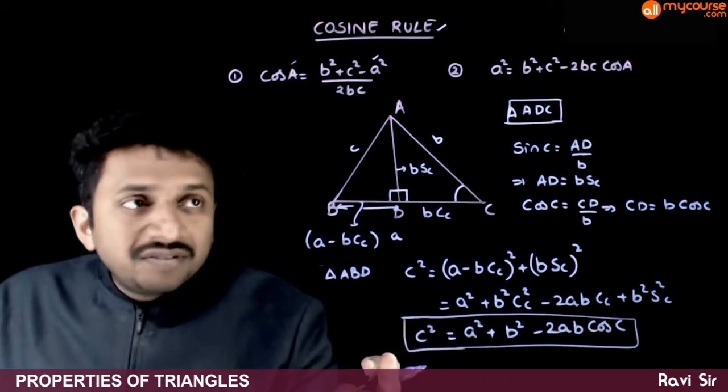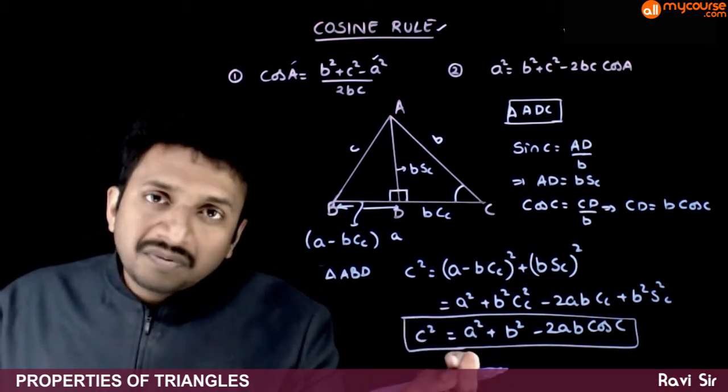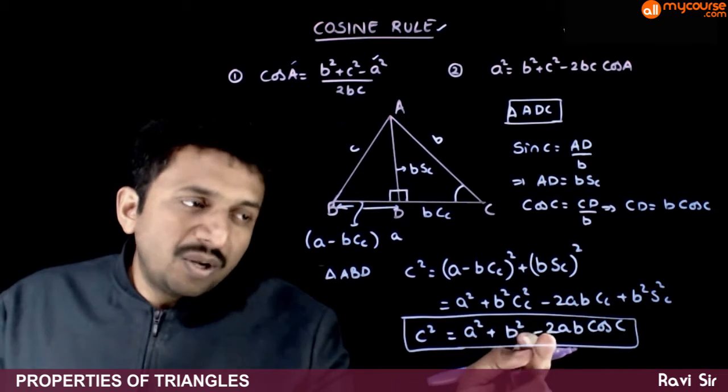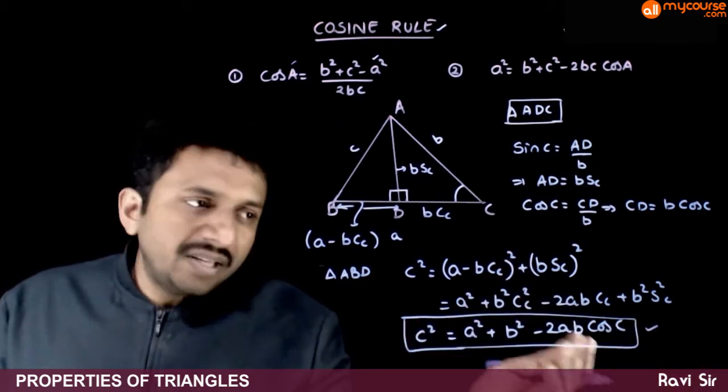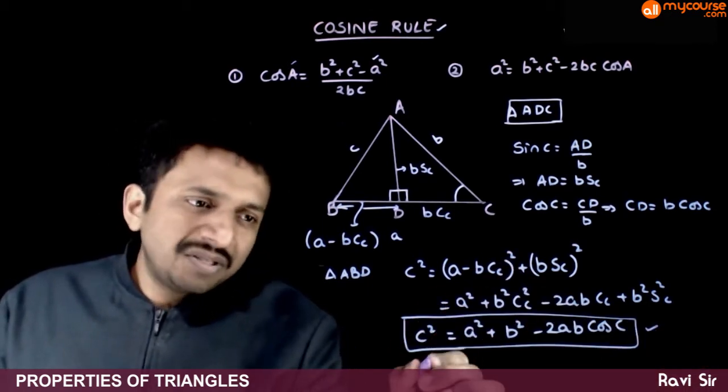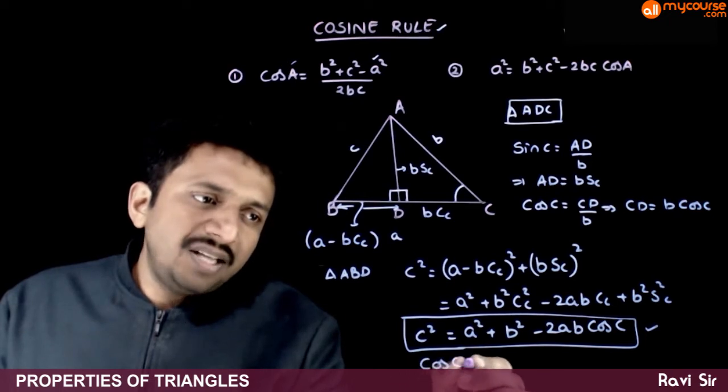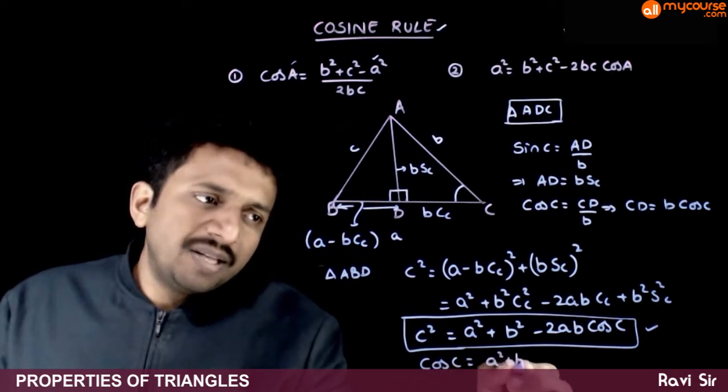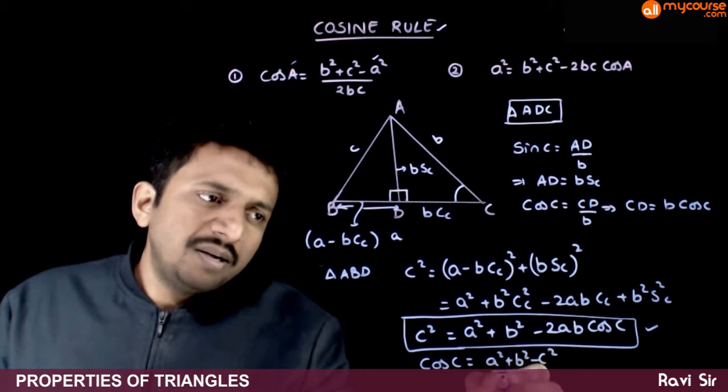So the length of c square is equal to a square plus b square minus 2ab cos C. And if you interchange the terms, you can derive cos C is equal to (a square plus b square minus c square) by 2ab.